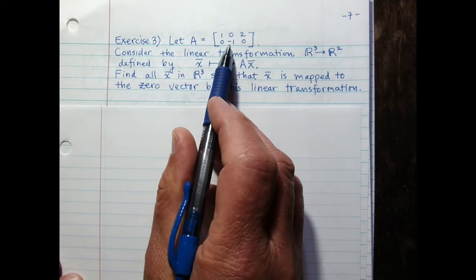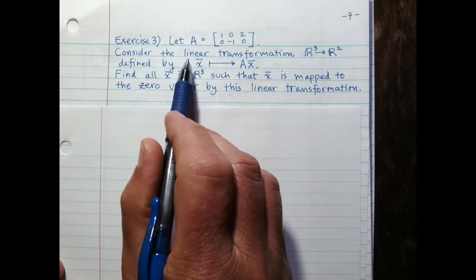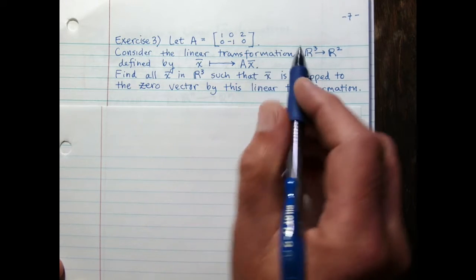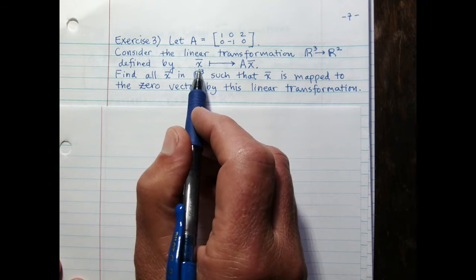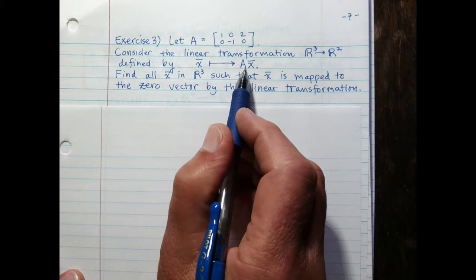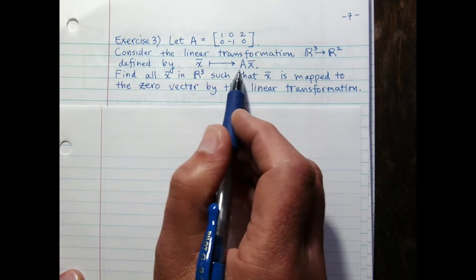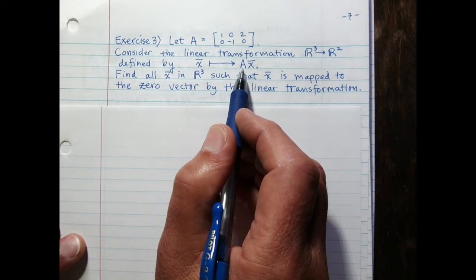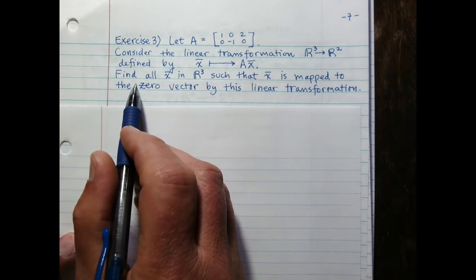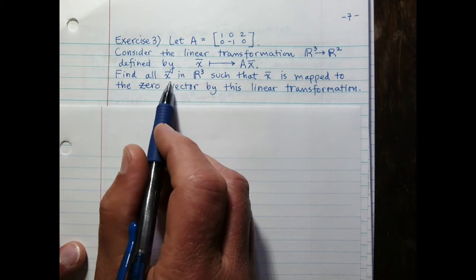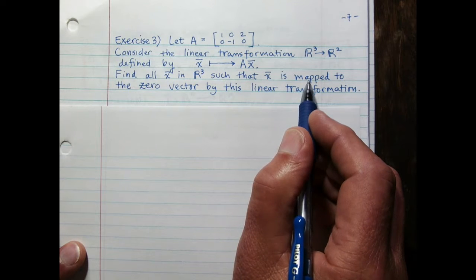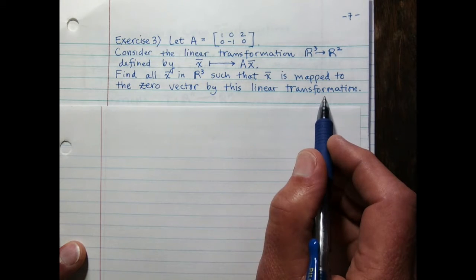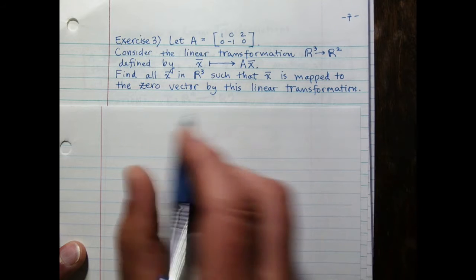So let A be this matrix. Consider the linear transformation from R3 to R2 defined by the image of x is Ax. That means we're going to use matrix multiplication here to define this linear transformation. Find all x in R3 such that x is mapped to the 0 vector by this linear transformation.